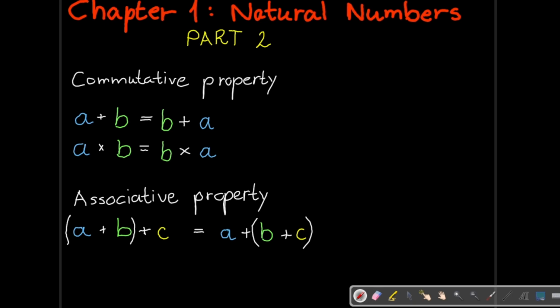So after adding A and B, we get a number, and then we can add these two numbers together, just like in the commutative property. We can add C first, and then A plus B, or A plus B first, and then C.